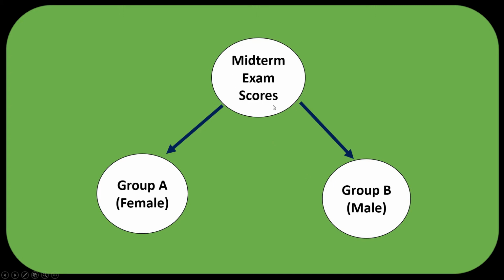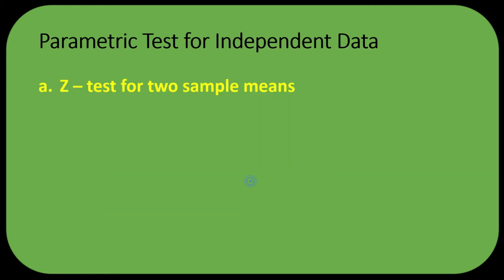Meaning, you only have one test administered to two different groups. It can also be the midterm exam score of section A and section B, or the faculty and the staff. Okay, so this is the diagram for the independent samples.